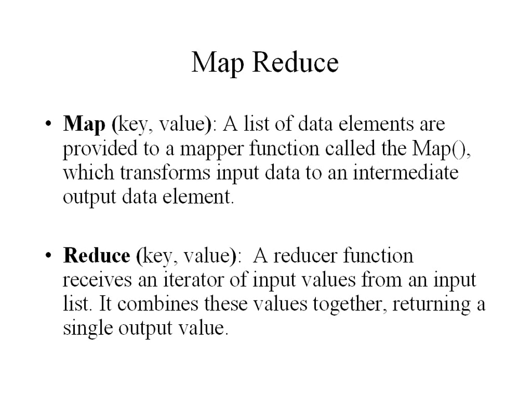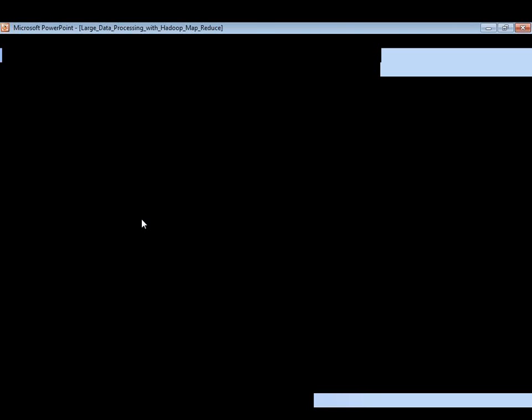After map, there is a combiner, which is a mini reducer that aggregates the keys, then copies to the reducer, and then sorts it, and the reducer plays its role with the intermediate output and generates the final output. The reducer function receives an iterator of input values from the input list, combines these values together, and returns a single output value. I'm going to show this with one example, the word count problem.